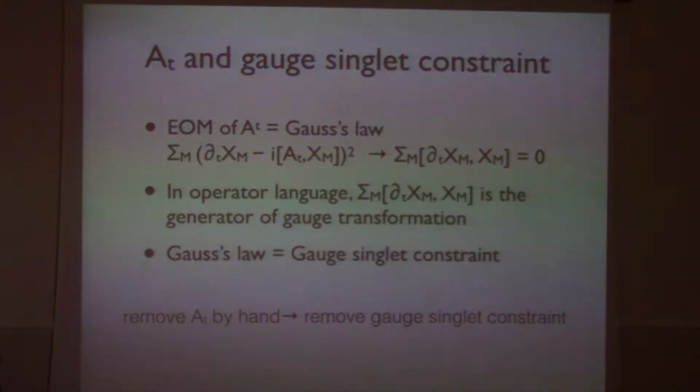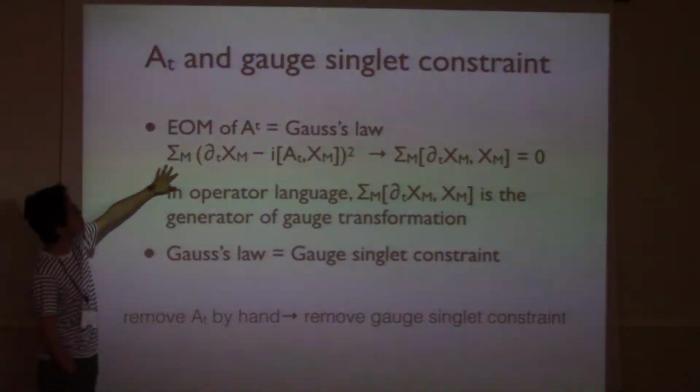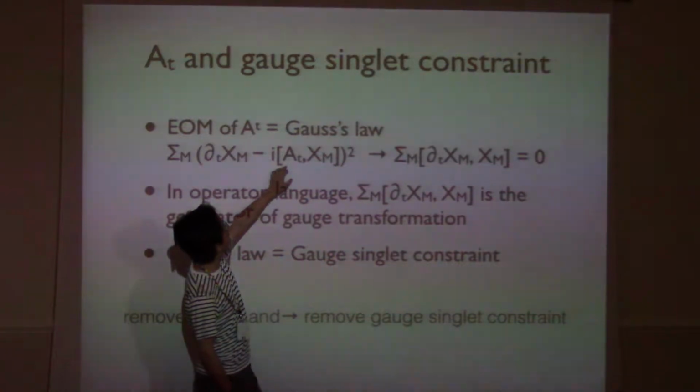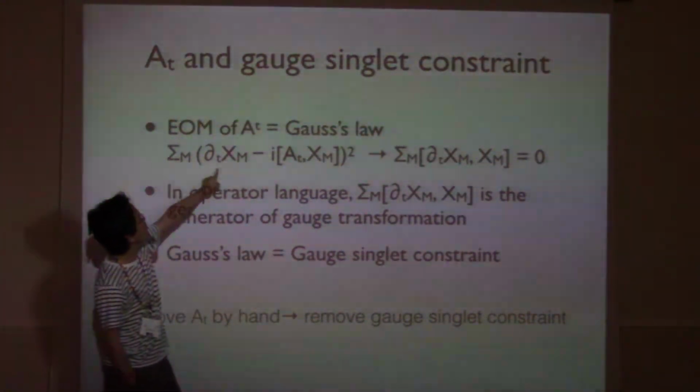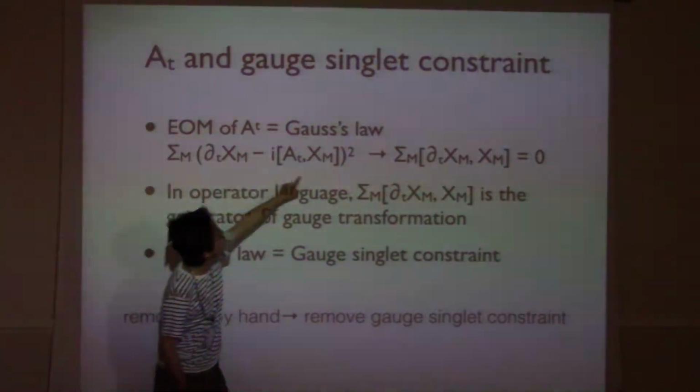If we integrate out A_t by hand, it is equivalent to imposing a Gauss law constraint. If you take the A_t equals 0 gauge, then from the gauge fixing condition you get this. First of all, the equation of motion of A_t is written like this, because the kinetic term is like this.